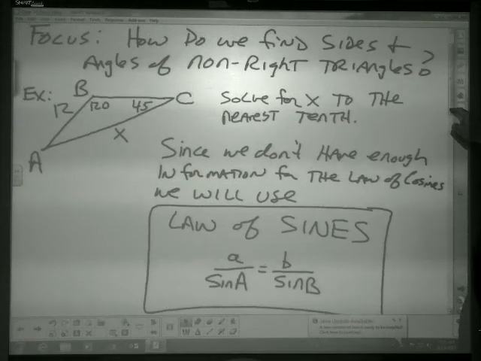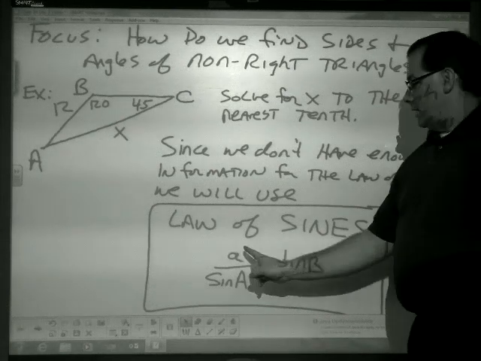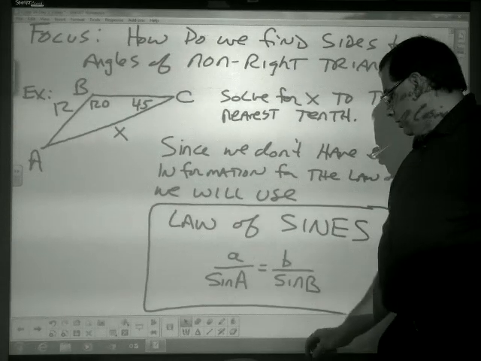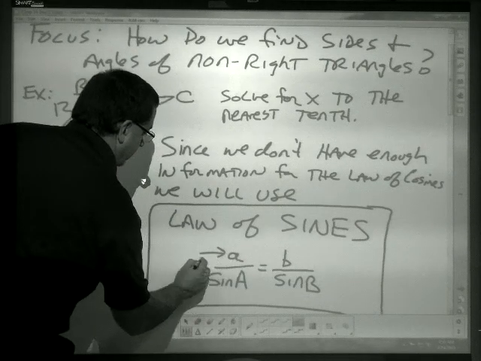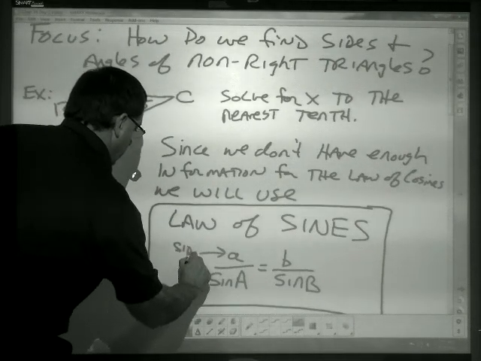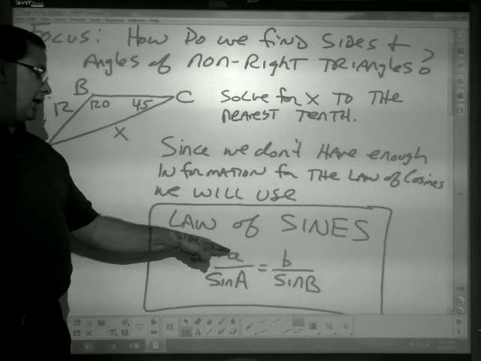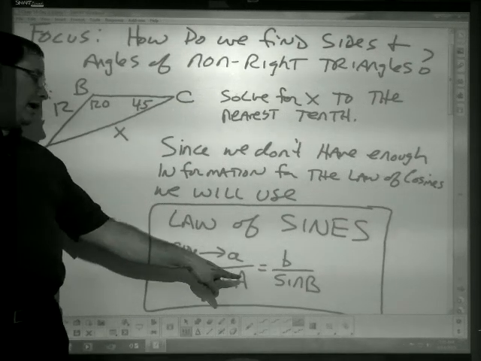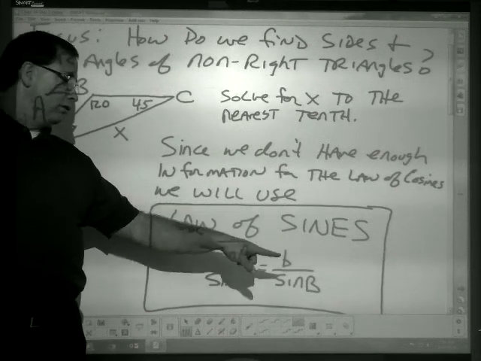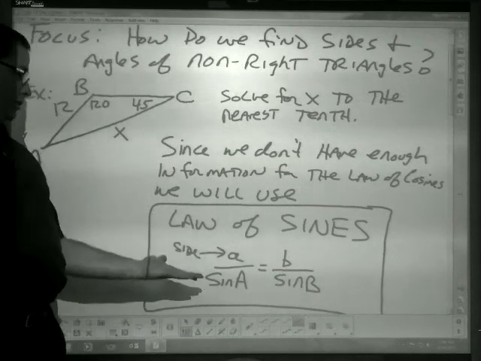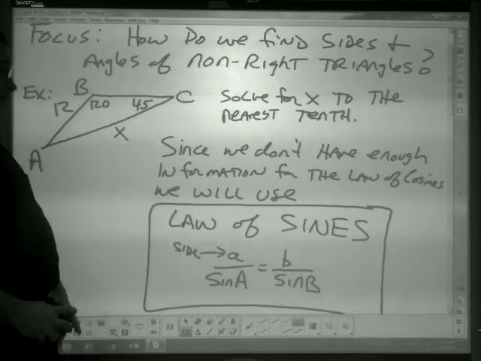So the law of sines says that side A, because this little a is a side, okay? That right there is a side. Side A over the sine of angle A equals side B over the sine of angle B. It's a proportion, okay?